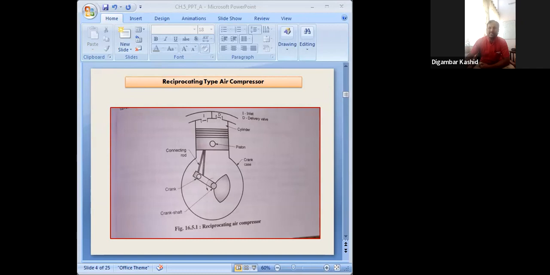The pressure inside the cylinder falls below atmospheric pressure, and the inlet valve is open due to the pressure difference. Air is drawn into the cylinder until the piston reaches the bottom of its stroke, and after that the inlet valve closes.